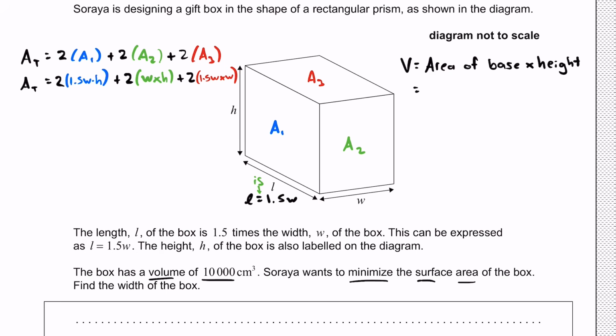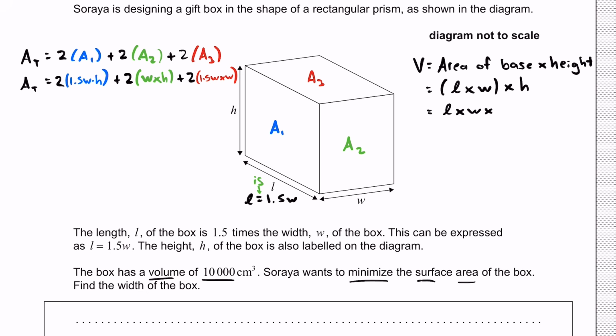So in this case, what's the area of the base? It's L times W. So it's length times width times height, and all of this is equal to 10,000. So our volume itself is equal to 10,000.